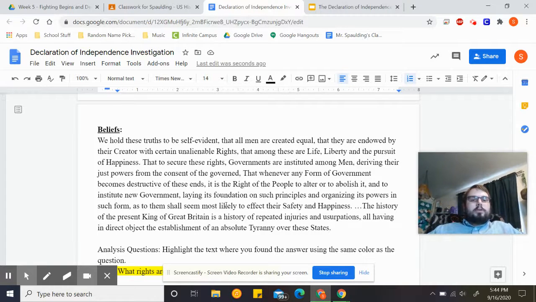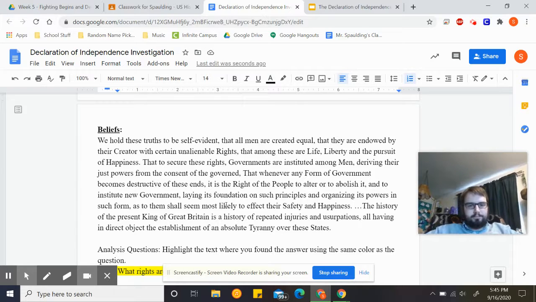We hold these truths to be self-evident, that all men are created equal, that they are endowed by their Creator with certain unalienable rights, that among these are life, liberty, and the pursuit of happiness, that to secure these rights, governments are instituted among men, deriving their just powers from the consent of the governed, that whenever any form of government becomes destructive of these ends, it is the right of the people to alter or to abolish it, and to institute new government.